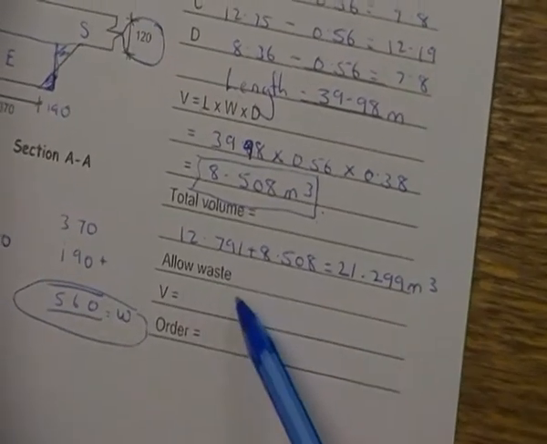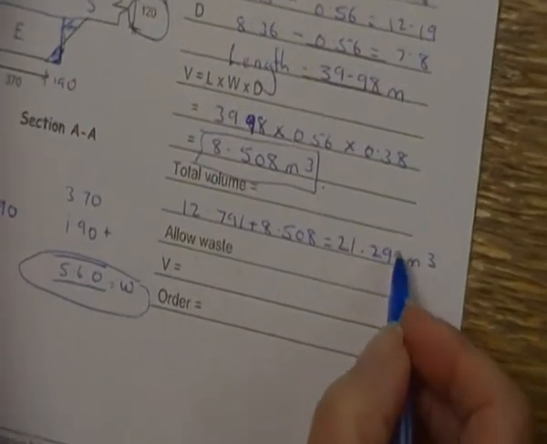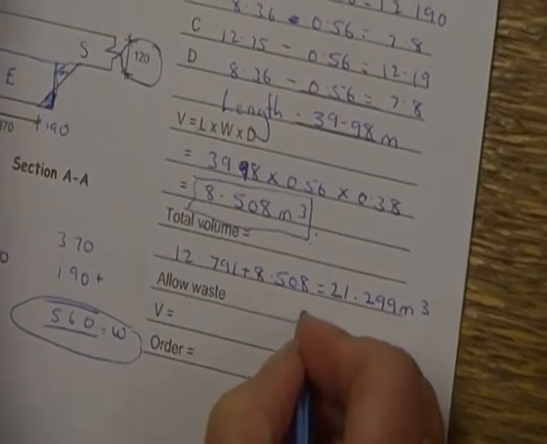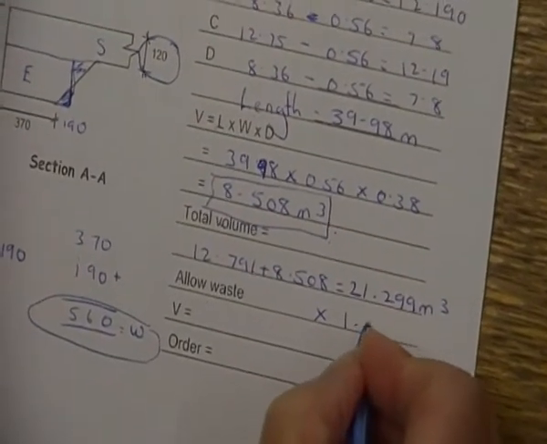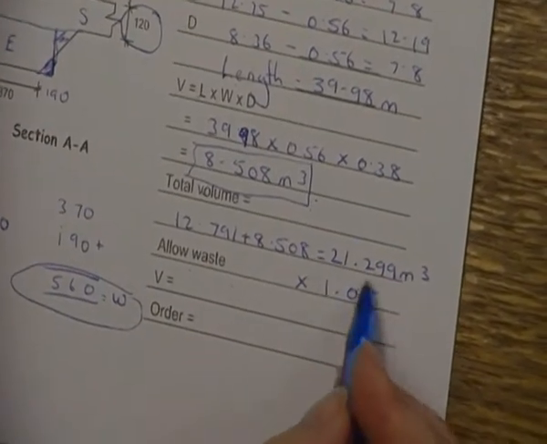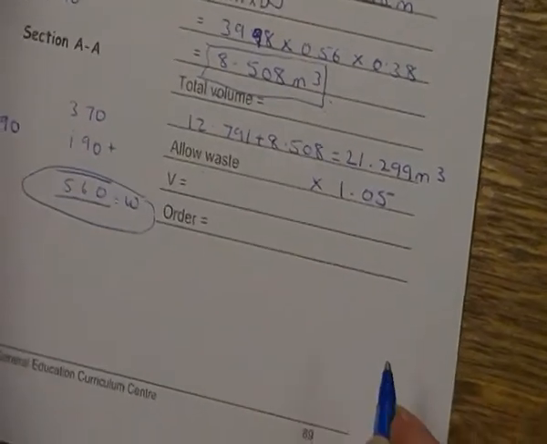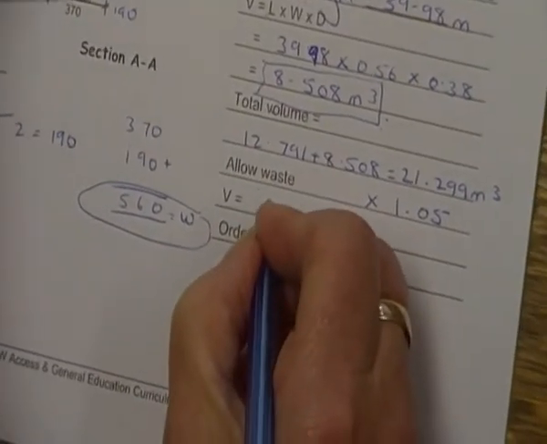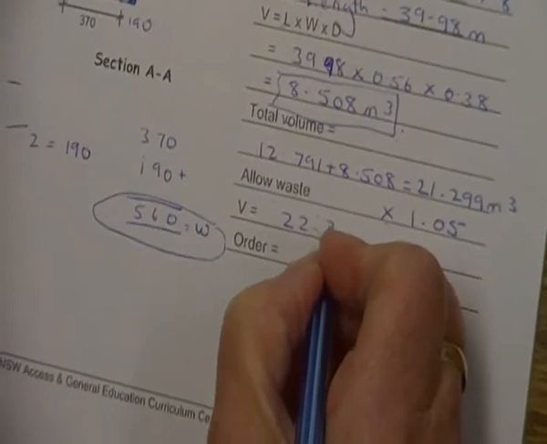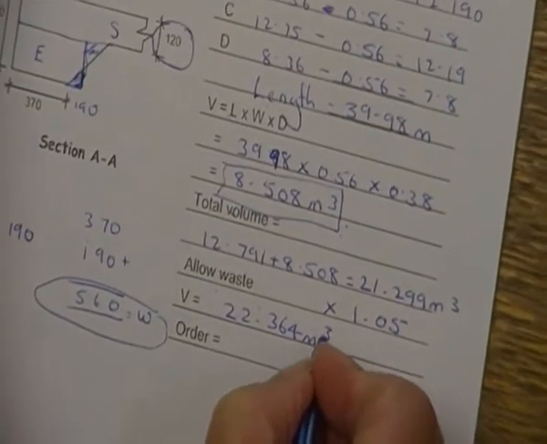Now we haven't finished. We have to allow waste, so we go back to our question and it's 5% waste. So I'm going to times that answer by 1.05. The 1 does that whole bit, and then we're adding on the 5%. That's the fast way to do it, and it gives us an answer of 22.364 meters cubed.